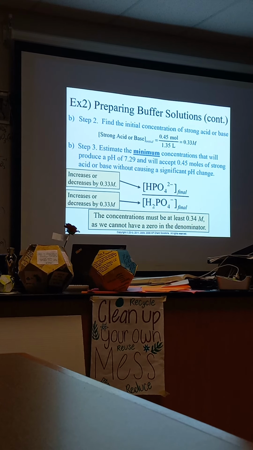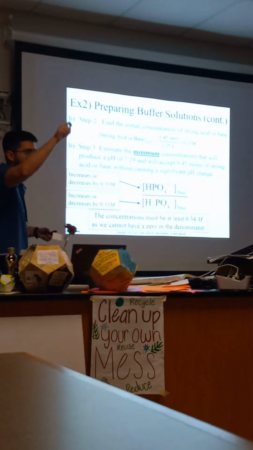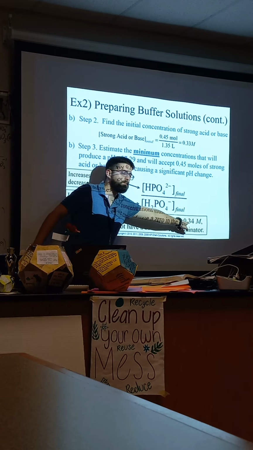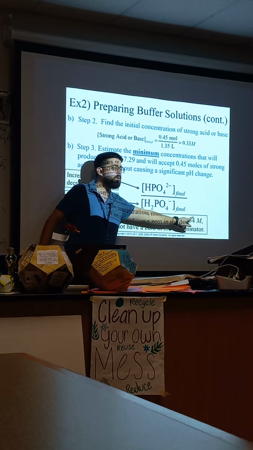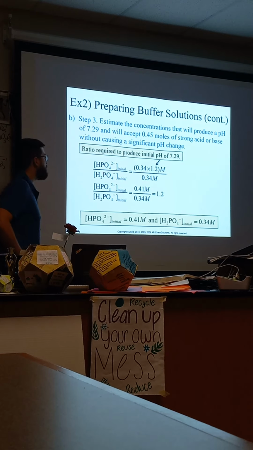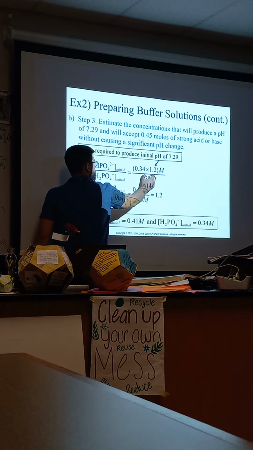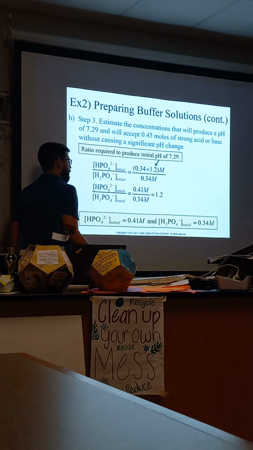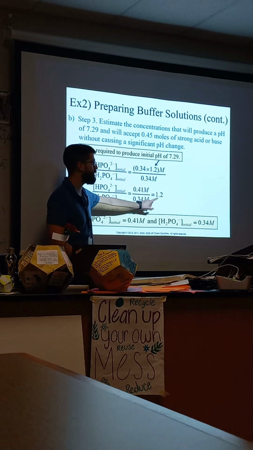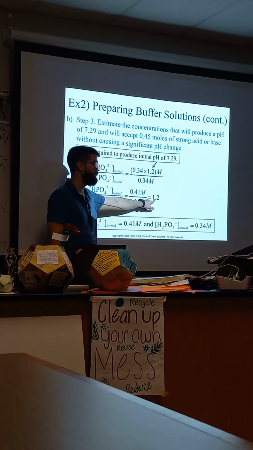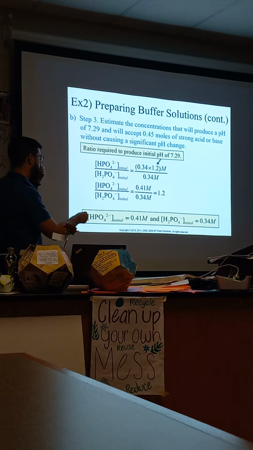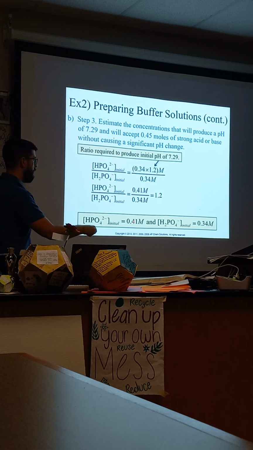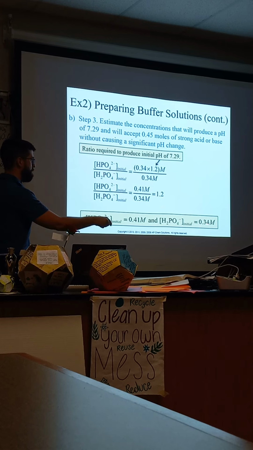What am I gonna get up to? 0.34. We're gonna use 0.34, and then we're gonna plug those in. This one times 1.2, and this one here. That'll give us a ratio of 0.41 to 0.34. And then if we divide these just to check, look, is that 1.2? Okay, so then the HPO4 2 minus will be 0.41, and the H2PO4 minus will be 0.34.